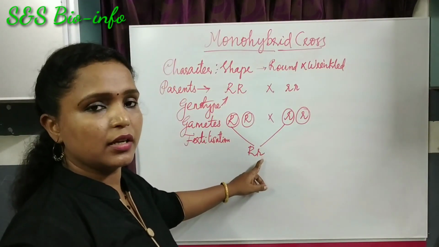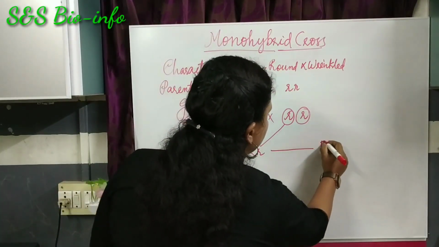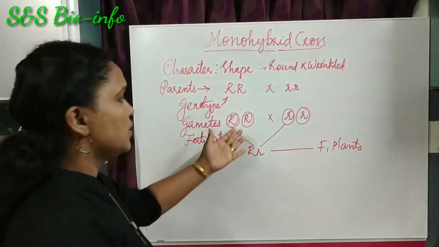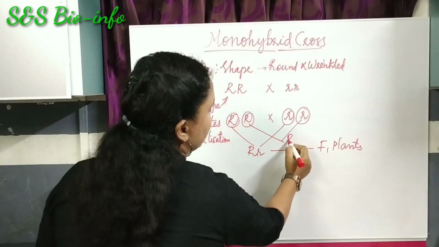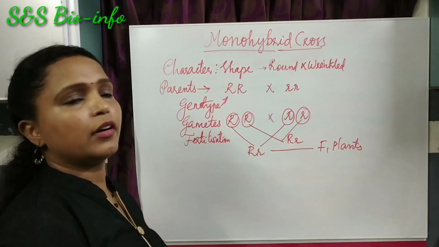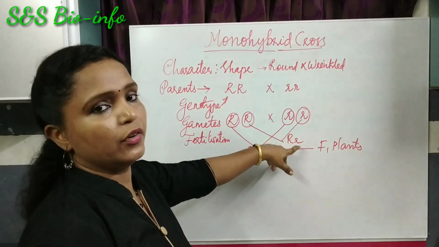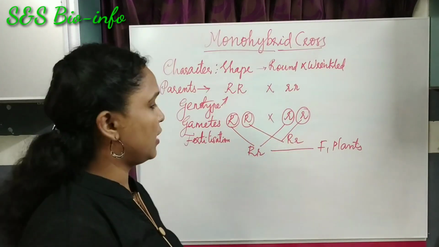This is a heterozygous dominant allele. This is called F1 plants or F1 generation. Same here, heterozygous round. That means the round shape is dominant over the wrinkled shape. Only the dominant trait is expressed in the F1 plants.